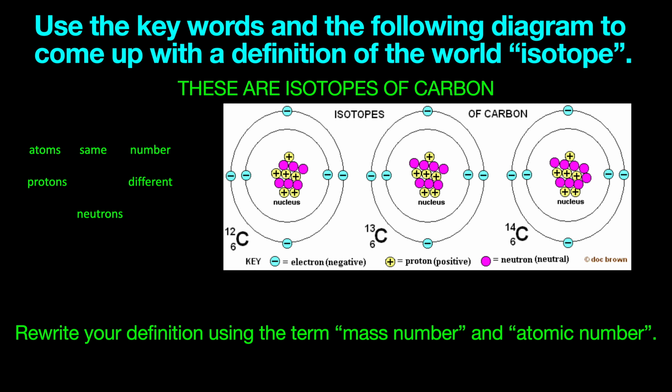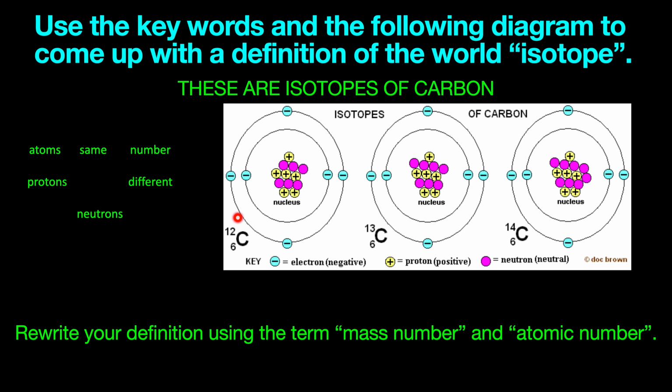Hopefully you can recall this from your chemistry learning, but use these keywords, the ones you can see here, and the diagram to come up with a definition of the word isotope. Here we have 3 isotopes of carbon.